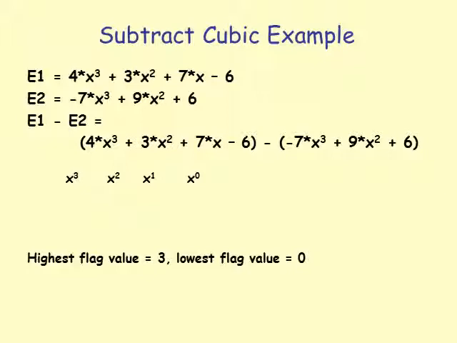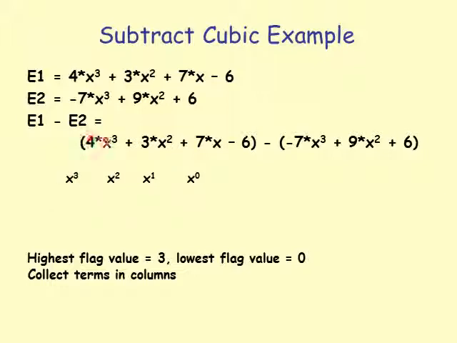Okay, and so we need a column for x cubed, for x squared, plus first power of x, and plus 0th power of x. Let's continue here. We will collect terms in the columns. The first term is 4x cubed, power value is 3, and this is the first column here.